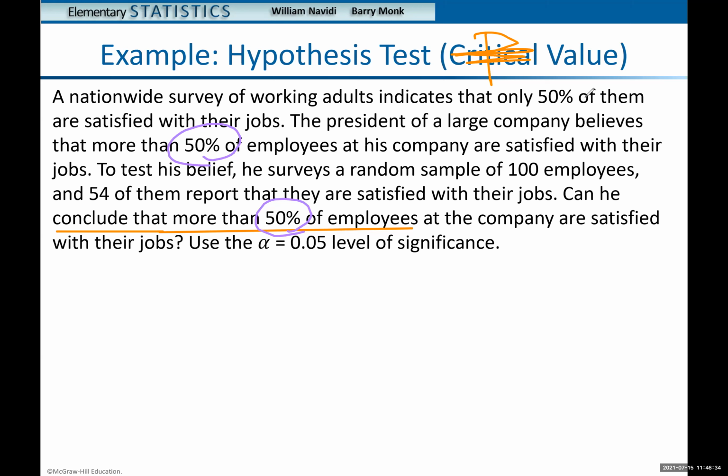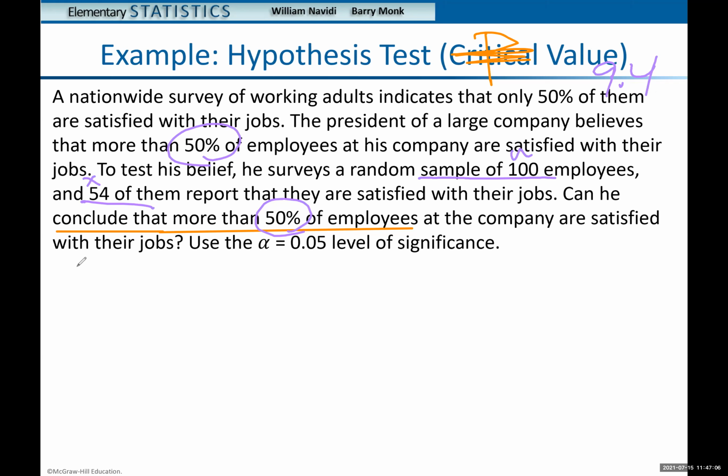Also, you only have a sample of 54 of them reporting, so this is your X and this is your N. And when you use 9.4, you only need X and N, and of course your proportion. So that's why this is a 9.4 problem.